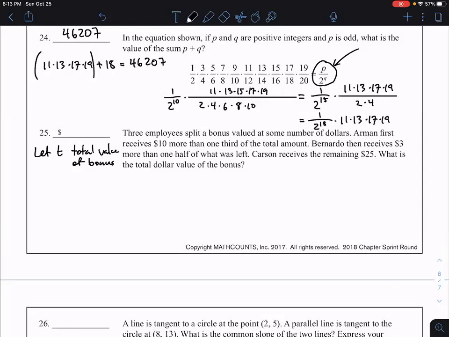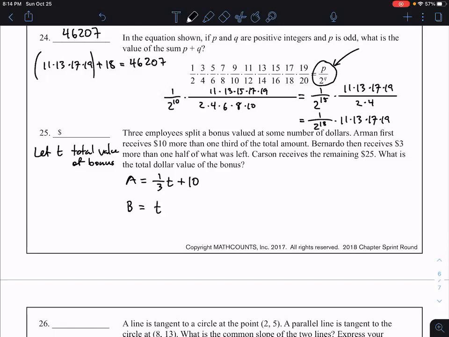So we know that Armin, we're going to call him A, Armin gets 10 more than 1/3 of the total amount. So basically 1/3 times T total plus 10.